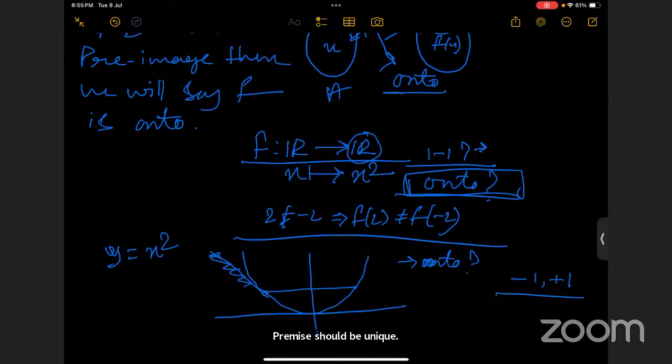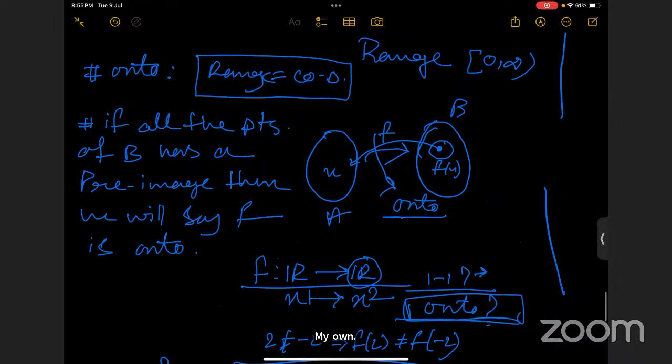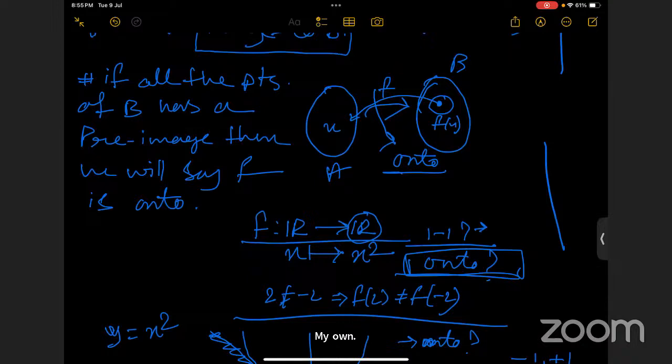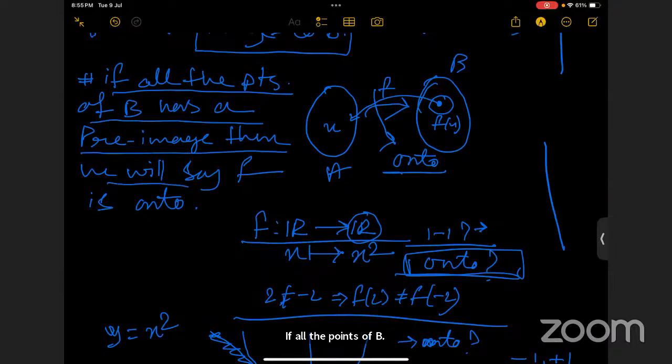No. Let us review the definition. If all the points of B have a pre-image, then we will say that f is onto. It's not necessarily unique.